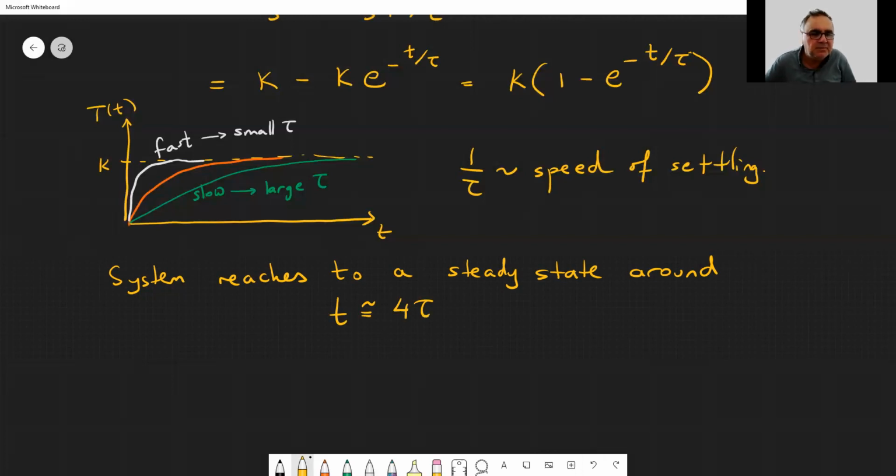So if you reach here, for example, this range for this green line is approximately 4 time constants, the system reaches the steady state, or for this white system, for example, this would be 4 time constants, as you see. So a system with a small time constant reaches the steady state fast.